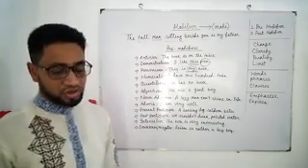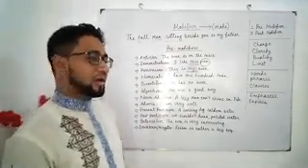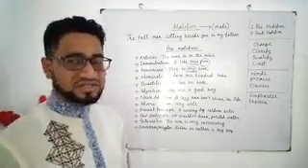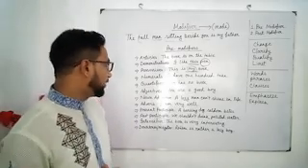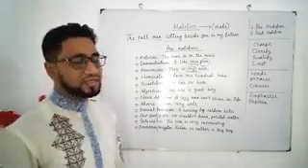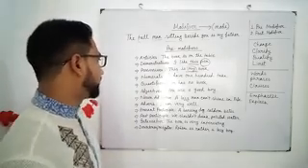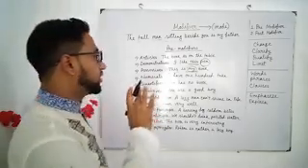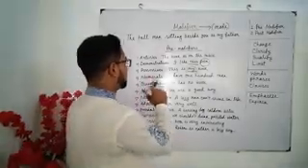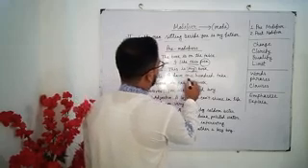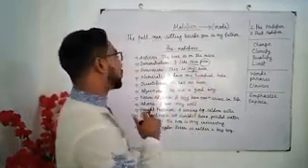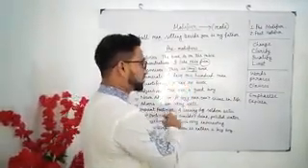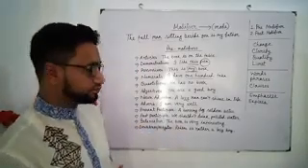Ordinal numbers: first, second, third, and the multiplicative: single, double, treble, etc. All these 3 types of numerals can be modifiers. The example is, I had 100 taka. Here the numeral 100 is the modifier.